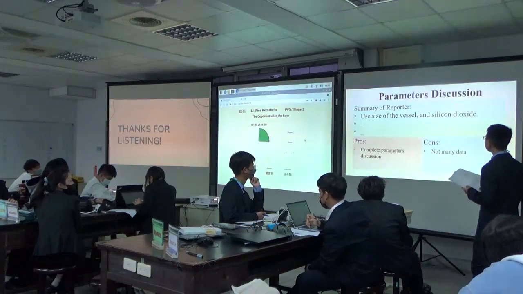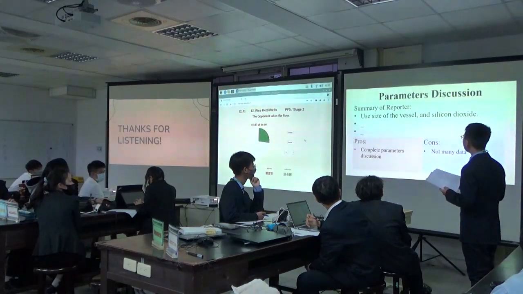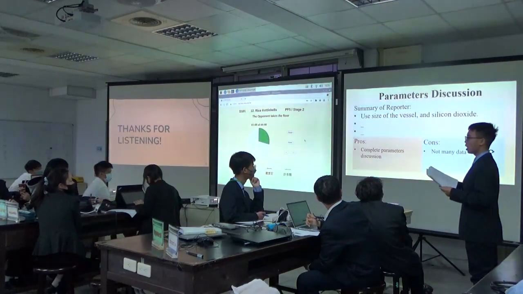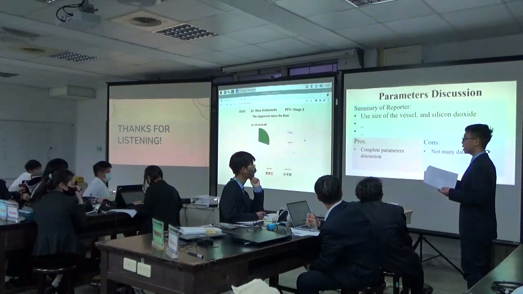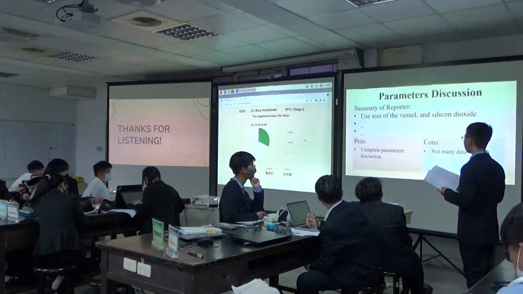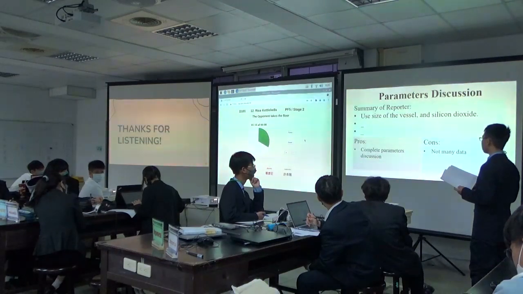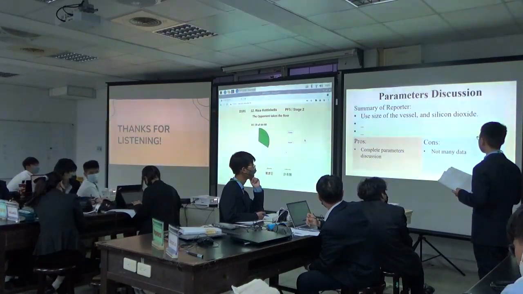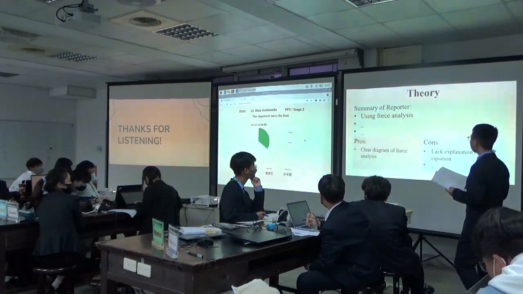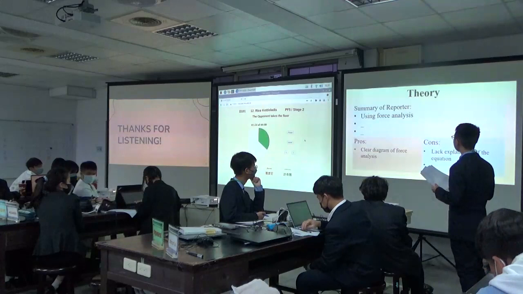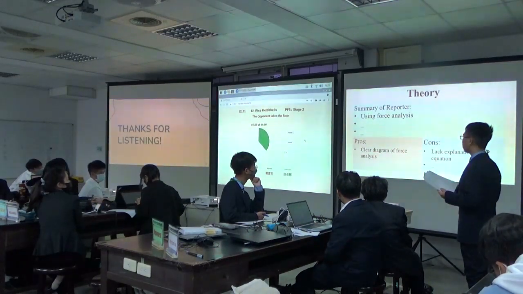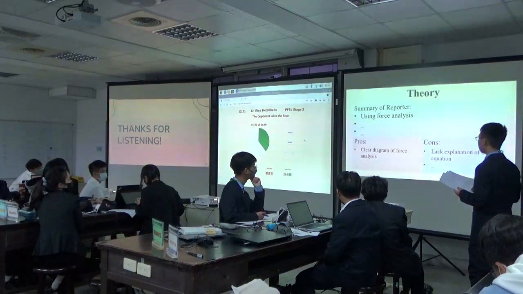The parameter discussion is about the size of the vessels, the size of the silicon dioxide, and the depth. The pro is that there is a complete parameter discussion, but the con is that they cannot give any data. In theory, the reporter used force analysis and integration to give the formula of the rice kettles.